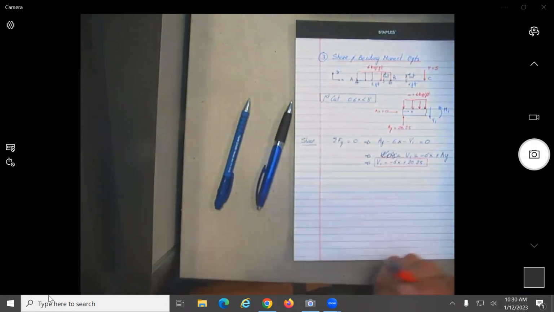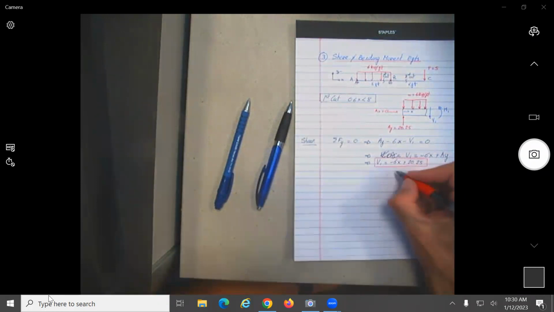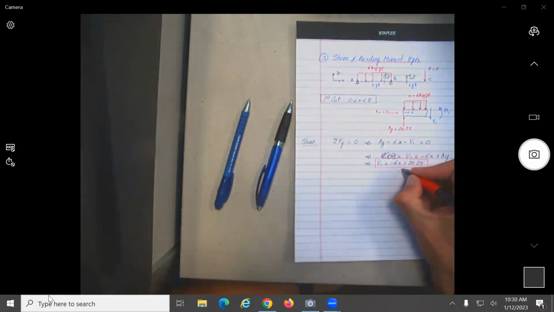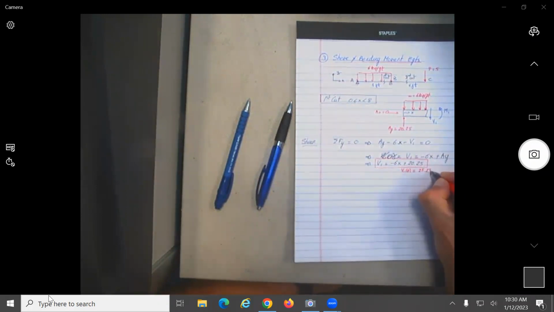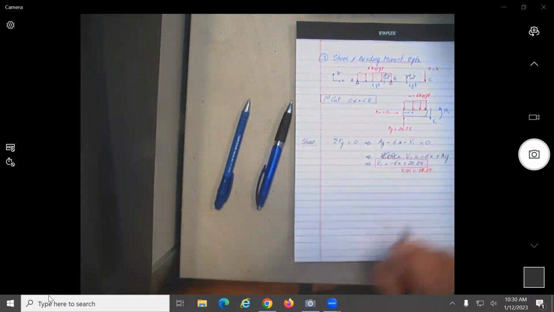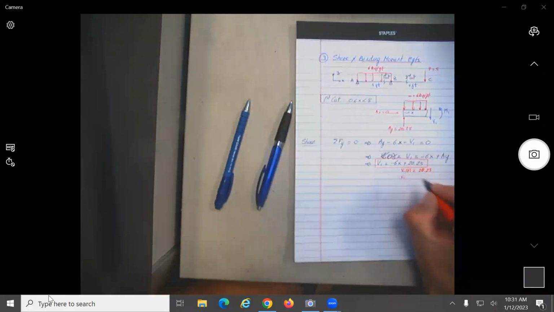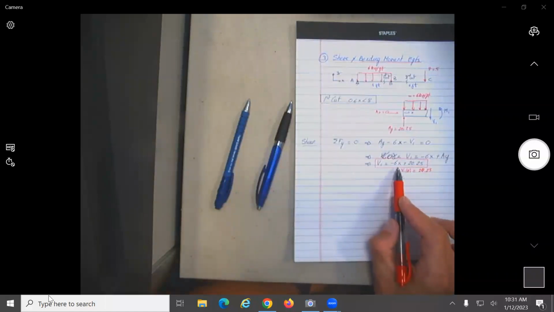Okay, so you can do that later, but let's do it now. Since I have the information, we're going to need that later on to plot it. So V1 of 0 will be equal to what? 20.25. And this is a linear function with what? Negative slope, no?